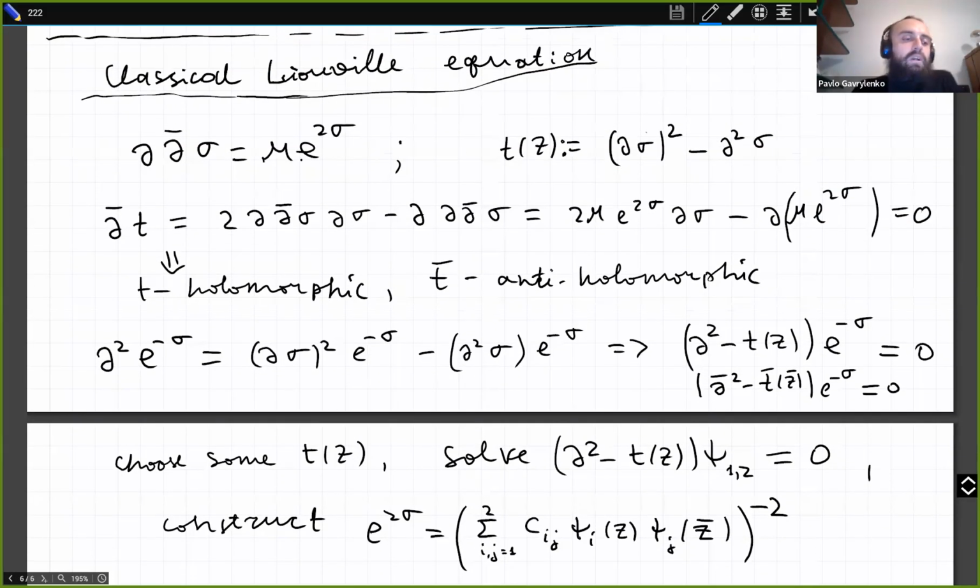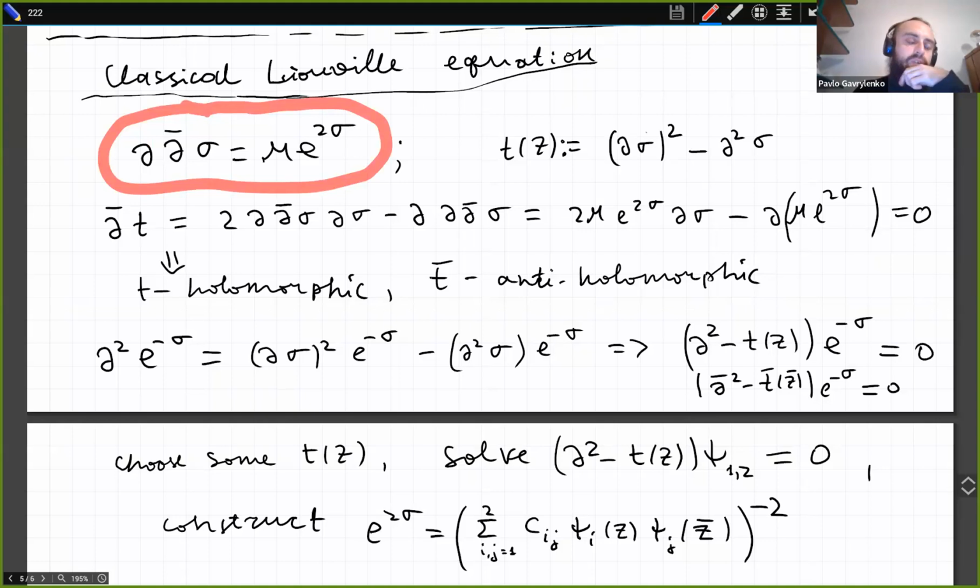By the way, is it clear that this Liouville equation, the classical Liouville equation, is an equation for the metric of constant curvature?